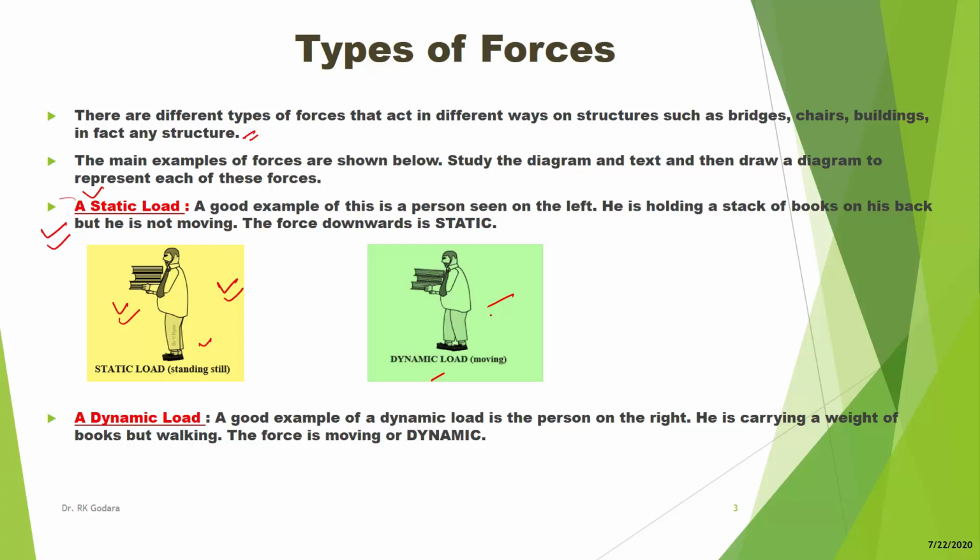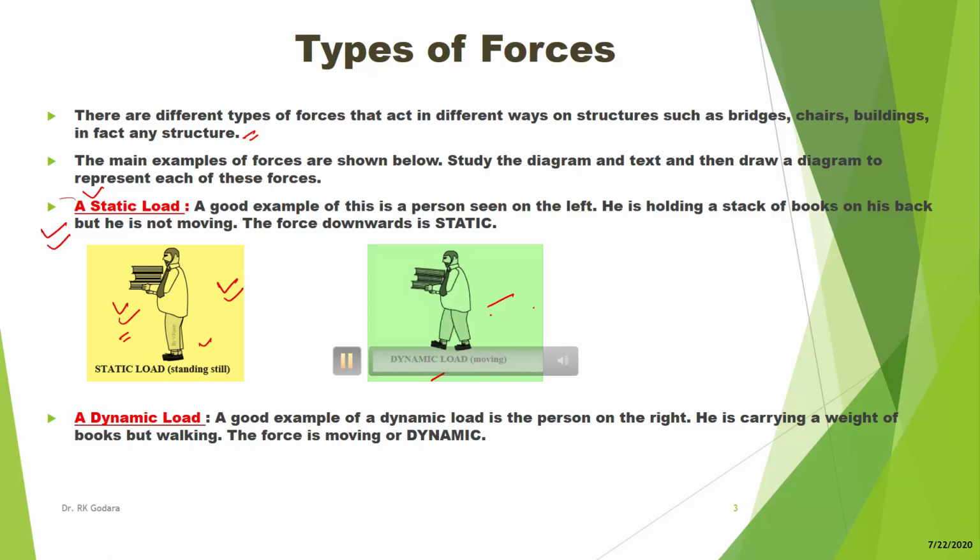In this example we can see one person standing still and carrying some books. This type of load is known as static load. Here the person is carrying the books and moving, not standing still, so the load is changing with time, or changing its location with time.